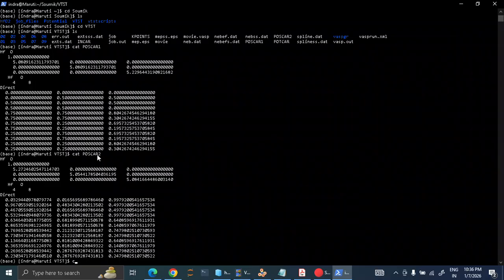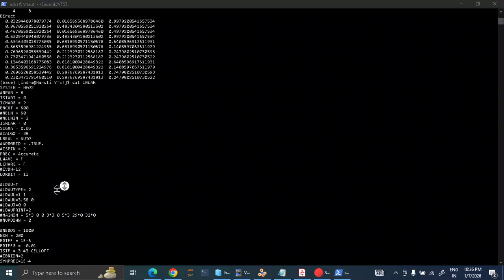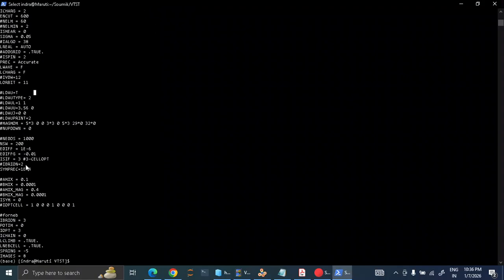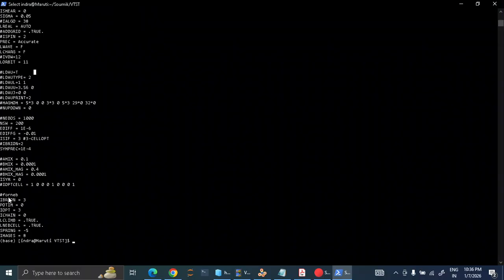This is my INCAR file to calculate the VTST NEB, VC-NEB, variable cell NEB method. So this is the INCAR text. You should follow this text carefully. As hafnium oxide is non-magnetic, I deactivate the magnetic tag. And for NEB we have to use this type of tag.